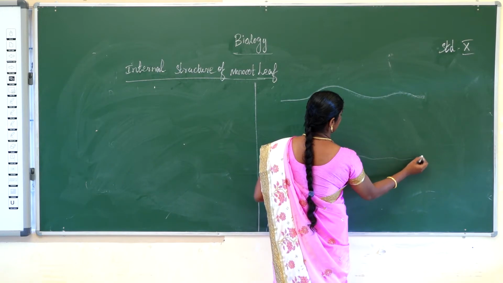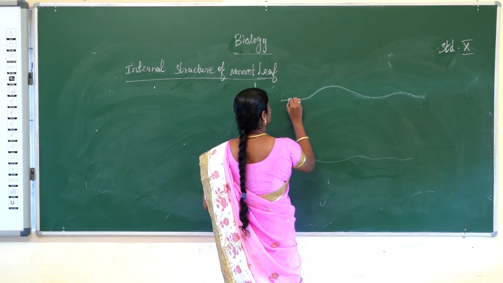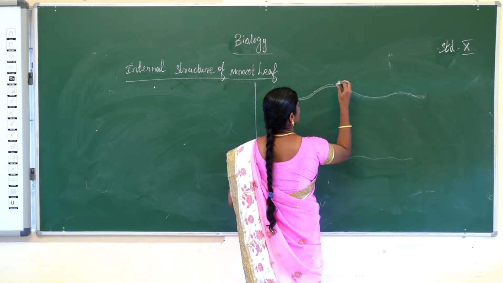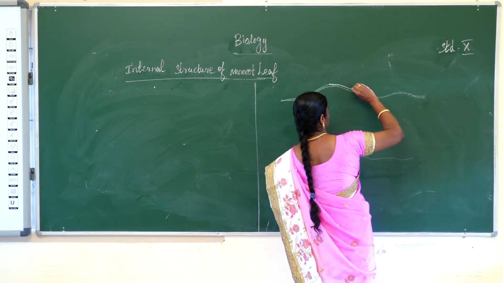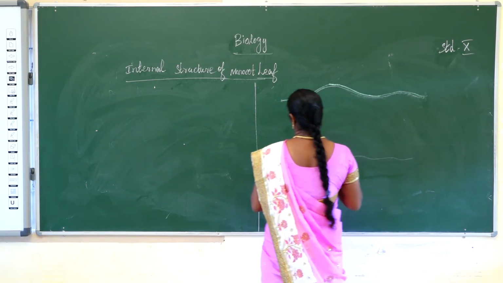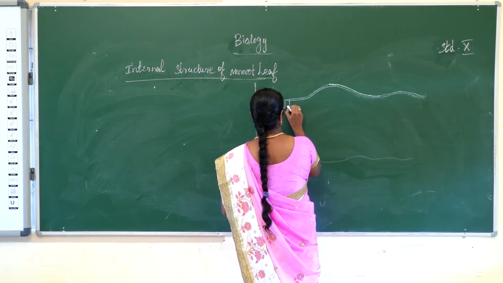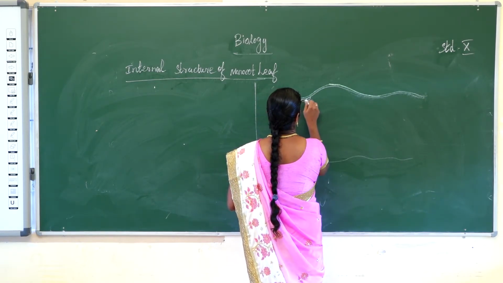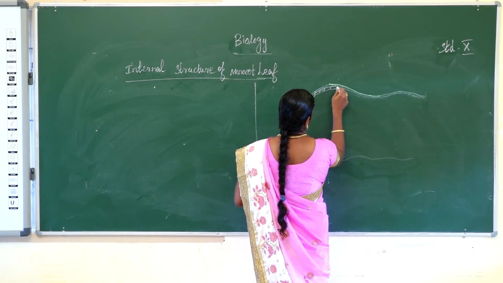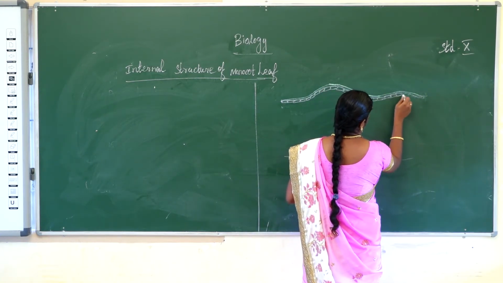Okay, first draw the diagram. First part, epidermis, the upper epidermis. The upper epidermis is covered with cuticle.